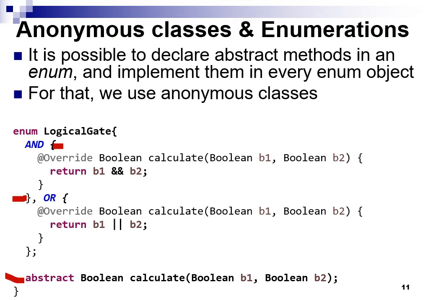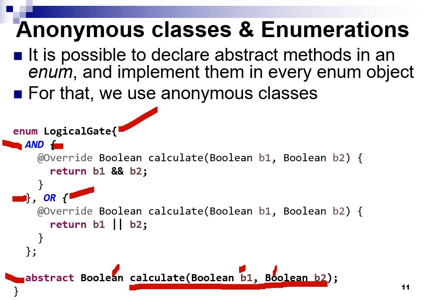For example, this is an enumeration for logical gates that have an AND and an OR, and then I have a method calculate that takes two booleans and returns a boolean. It's an abstract method, so we should override this method inside any concrete subclass of logical gate.